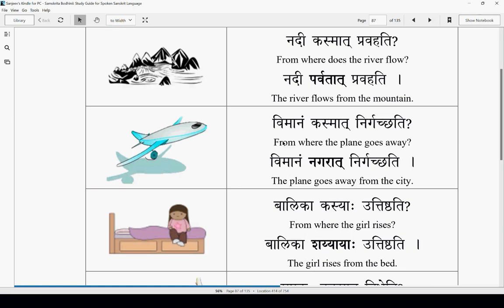So, for example, if you want to say the plane goes from city to city, then you can use both Panchami and Dvitiya in the same sentence. Then how do we say? Vimanam nagarat nagaram gacchati. The plane goes from city to city.